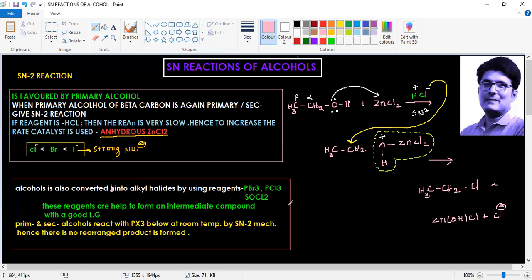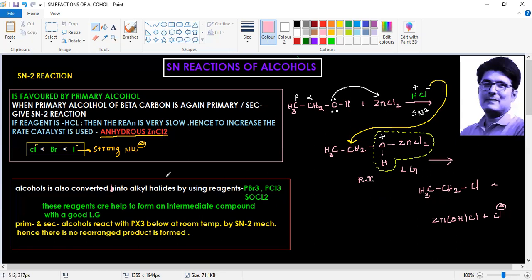So these reagents ఇది ఏం చేస్తుంది తెలుసా, which can help to form the reaction intermediate with a good leaving group like this. ఇది ఇప్పుడు reactive intermediate అన్నమాట. Reactive intermediate which is having a good leaving group, this one.